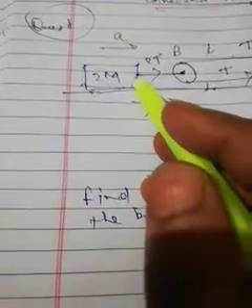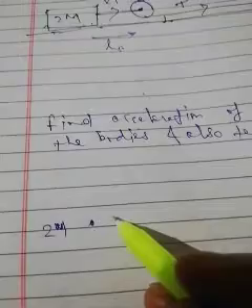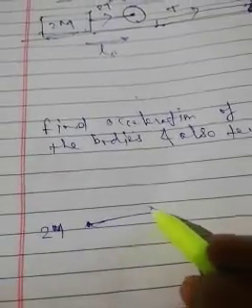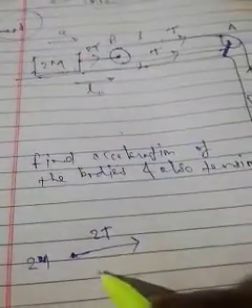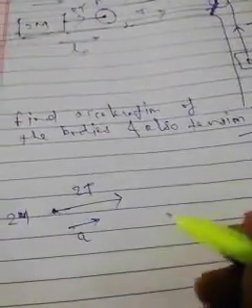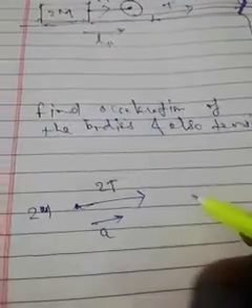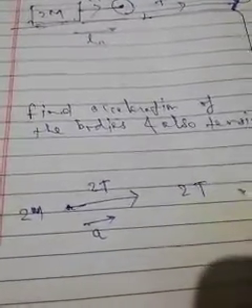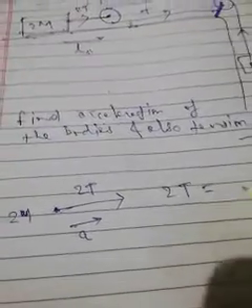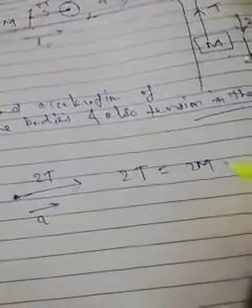It is pulled by a 2T force to produce acceleration A. Hence we can say the force 2T is equal to 2m into A. This is equation 1.